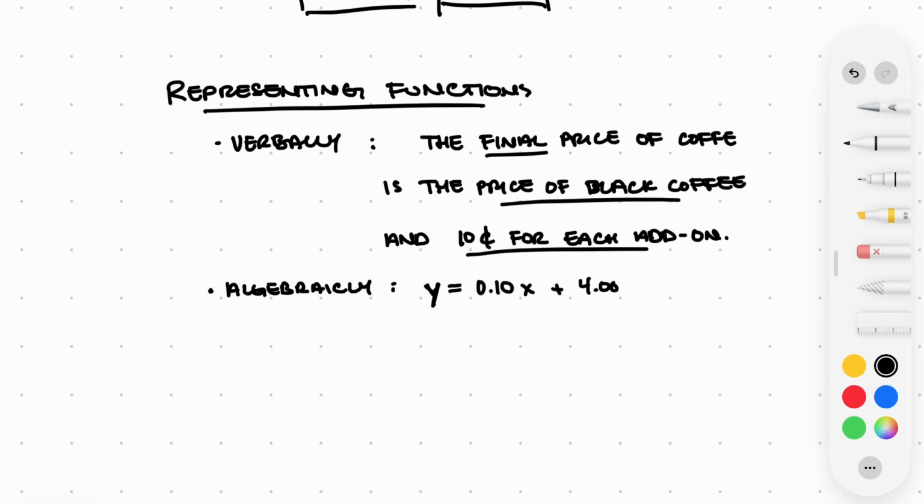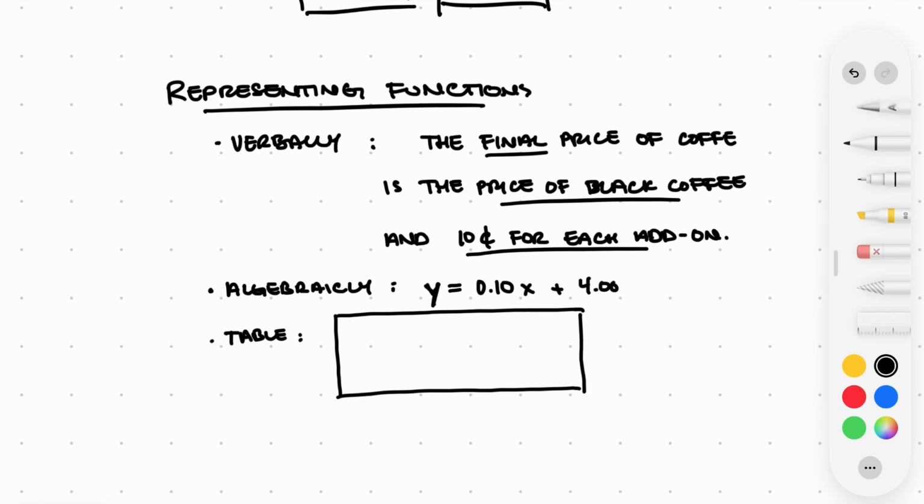The last one is you could do it through a table. A table is when you have a list of the x and y values. And so you should be able to kind of see the results here. It's pretty straightforward. You'll have whatever x is, you'll have y.